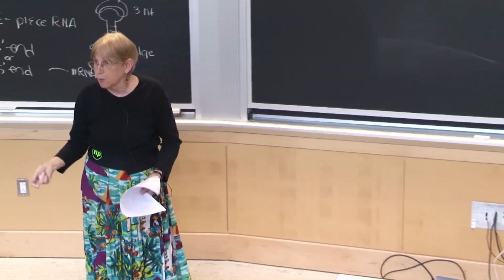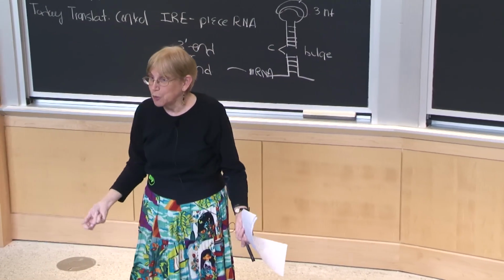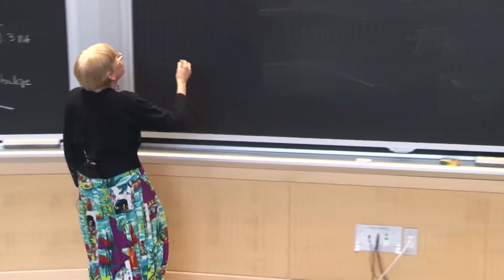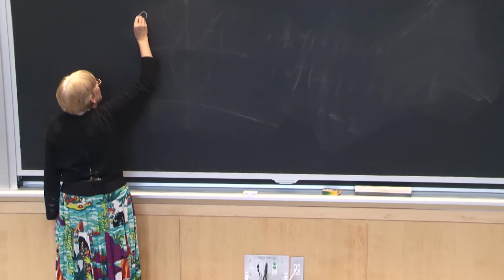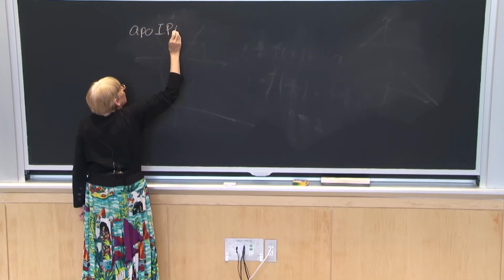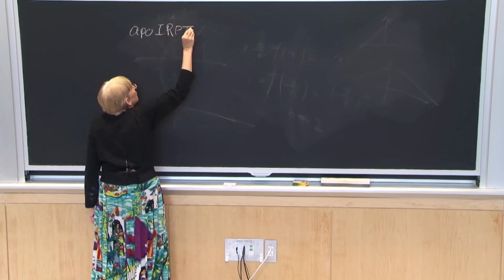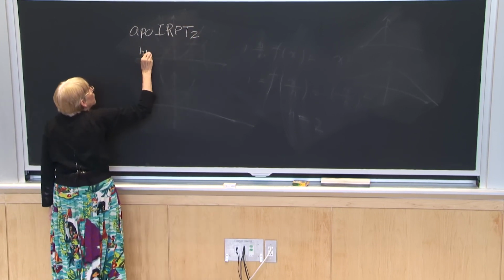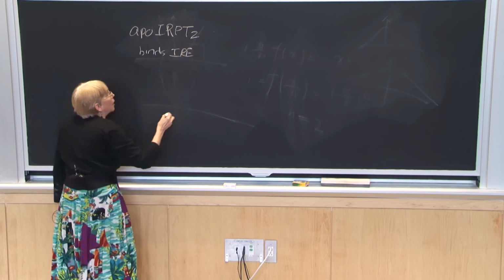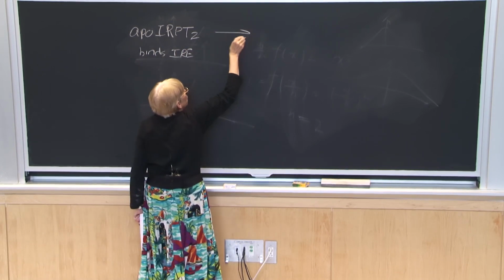That's also true of IRP2, and in fact it can only be APO because it can't bind a cluster. So the active binding form, the APO IRP1 or IRP2, binds the IRE. And then the question is, what is the switch?